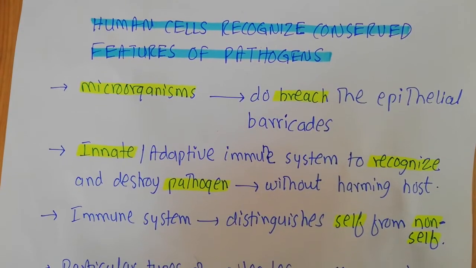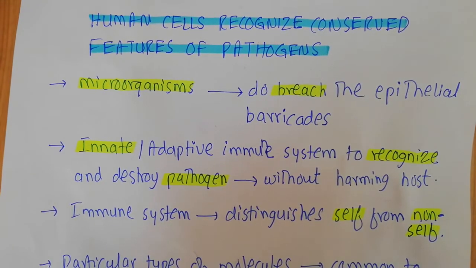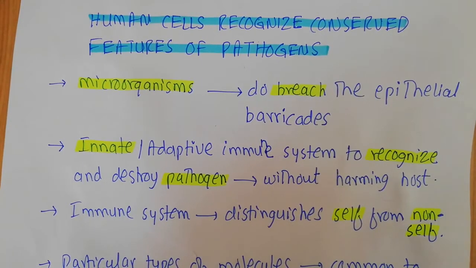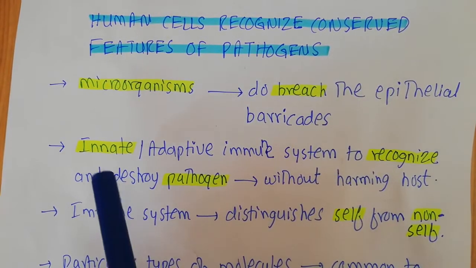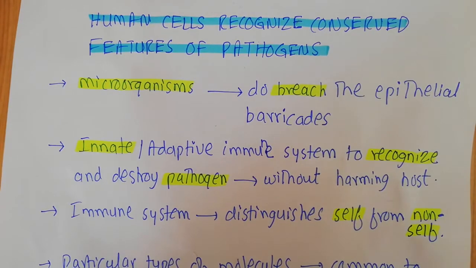Now when the microorganisms breach the epithelial barricade, it is the duty of the innate and the adaptive immune systems to recognize and destroy this pathogen without harming the host cells. We are only focusing on the innate immune system in these videos, and in the following videos we'll be talking about the adaptive one.